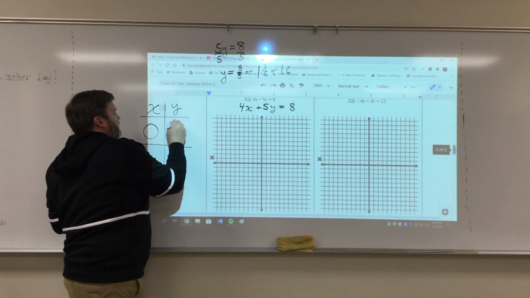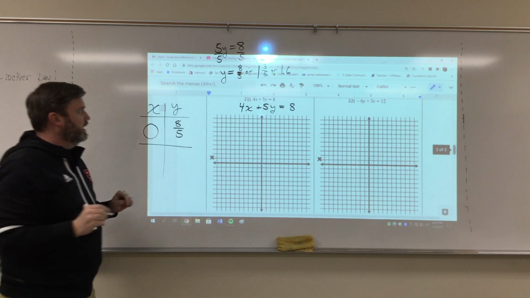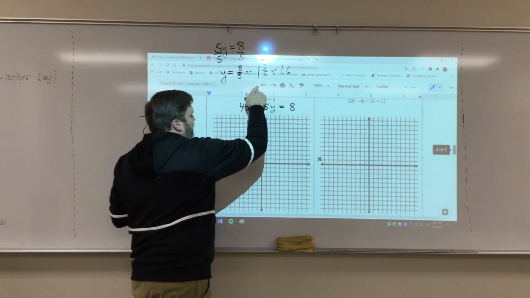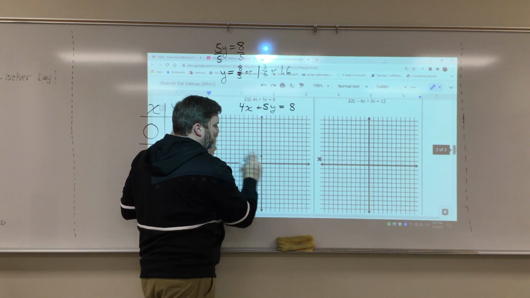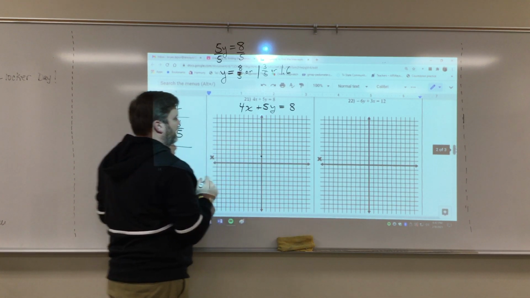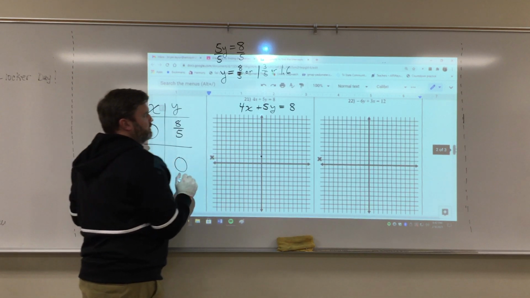All right, I'm just going to put 8/5, but when I go to plot that y-intercept, well, 1 3/5 is somewhere between 1 and 2, but ever so closer to 2. So I'm just going to kind of guesstimate where that is. So that's my y-intercept.